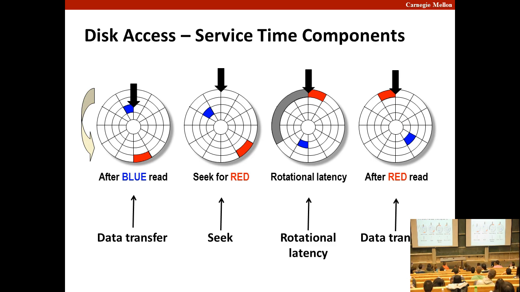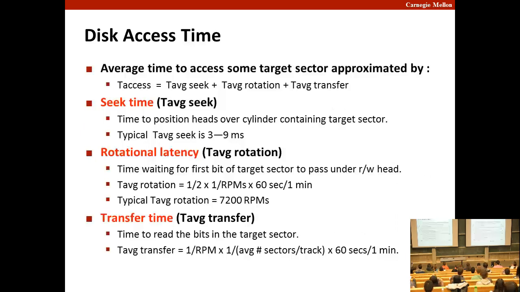Seek, rotate, transfer. Okay. Seek times average 3 to 9 milliseconds. What's the difference? It's probably about 9 milliseconds, 8 to 10 milliseconds, doing what's called a full sweep seek from the inside to the outside. To bump from one track to a nearby track is actually very slow.